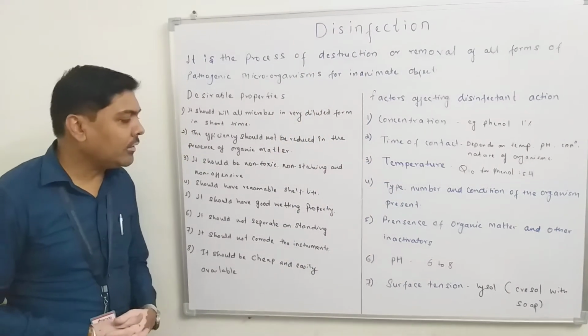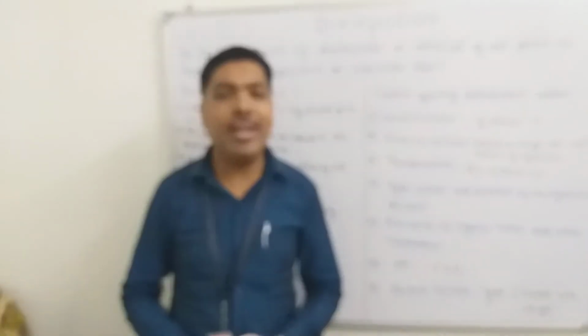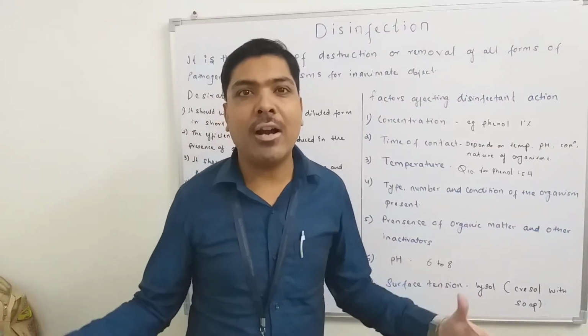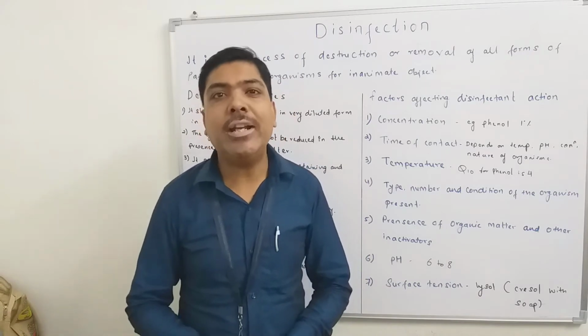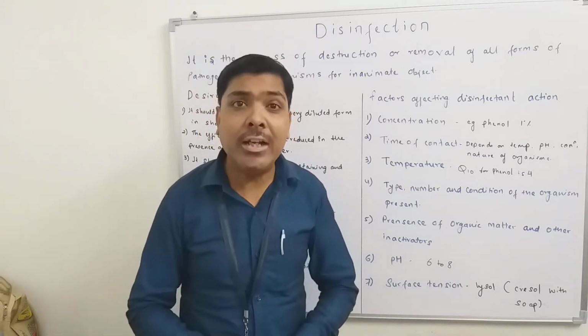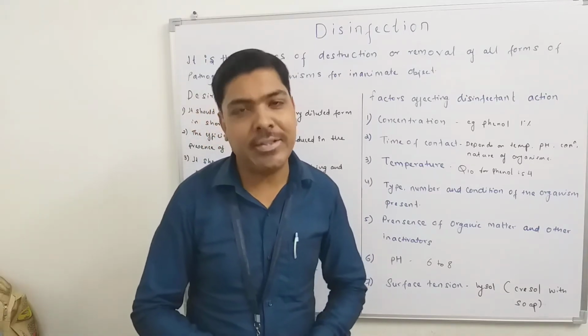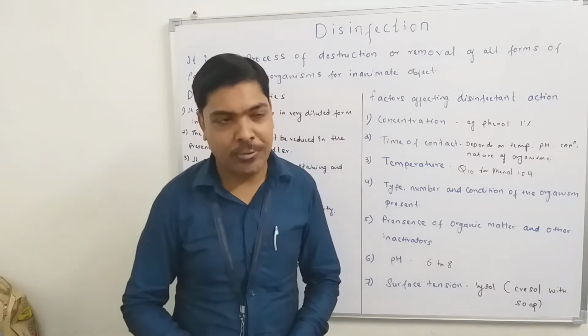Then it should have a good wetting property, because when we are applying a disinfectant to any area, it should cover a larger surface area, so that the effect of the disinfectant can be felt at every area where it is applied. So the wetting property of the disinfectant should be very good.